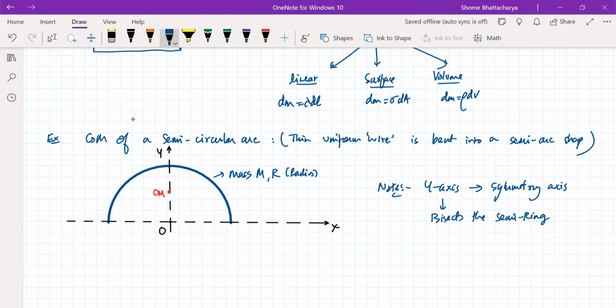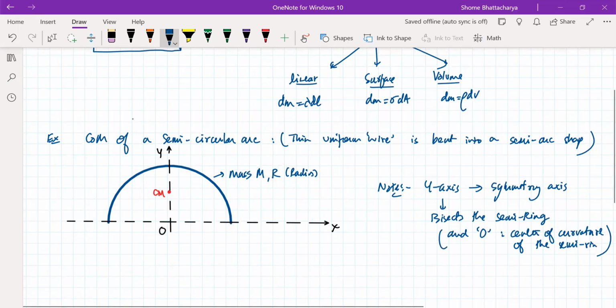So it bisects the semi-ring, and the origin O is the center of curvature. It's not the center of mass, but it is the center of curvature of the semi-ring. So the y-axis is the axis of symmetry. Yes, very good, Jitesh.